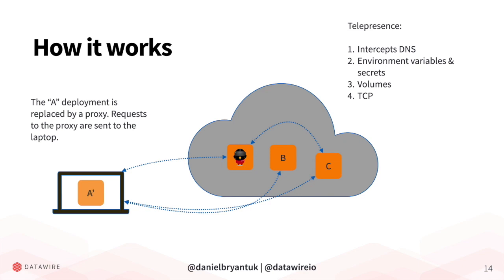Here's how it works in a nutshell. Behind the scenes, when you run Telepresence, you run it typically against a deployment, you swap a deployment. There are other ways of running this, but effectively under the hood, that deployment, your current service, gets swapped out for a two-way proxy that proxies any traffic inbound to that service to your local machine now, where you can run the application, play around with the traffic, do what you will, and then you can send that traffic from your local machine back into the Kubernetes cluster.